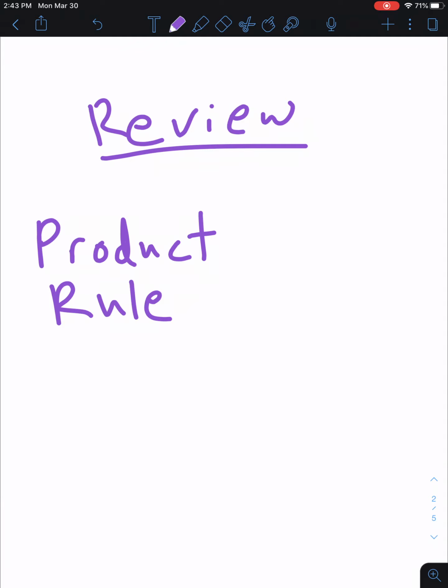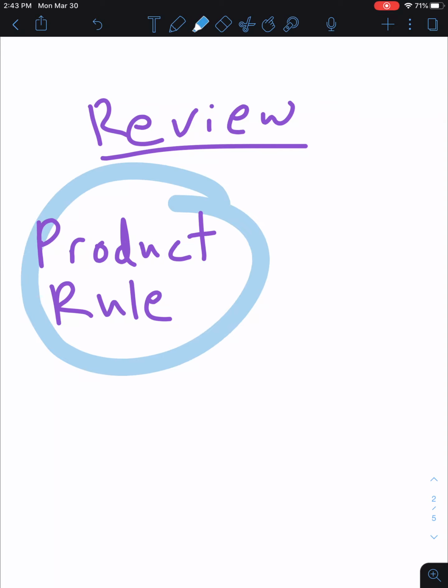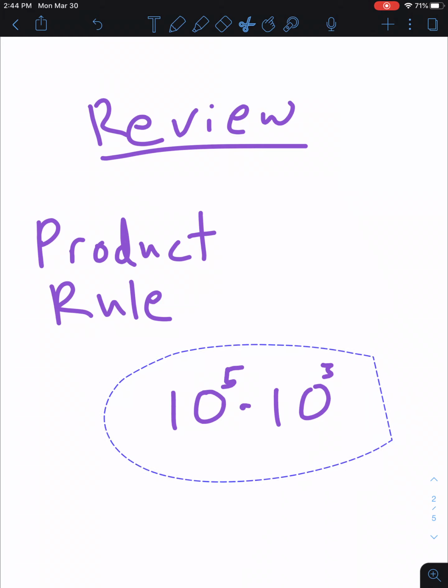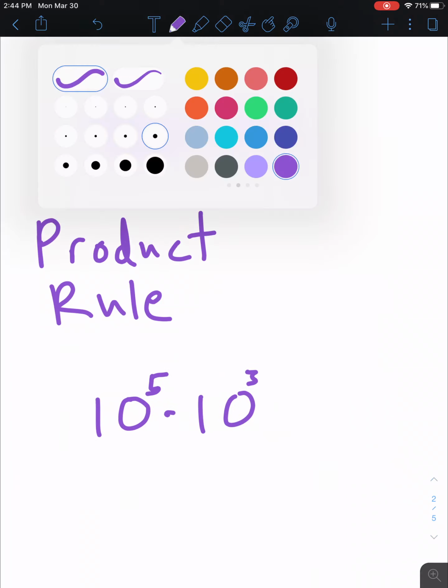Okay. So first of all, we're talking about the product rule. It's my favorite one. The product rule states that if we're multiplying two exponents with the same base, say like we've got 10 to the 5th times 10 to the 3rd, all we have to do to get an answer is add the exponents, right?